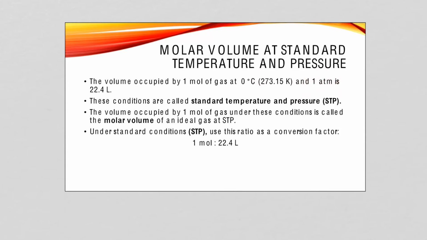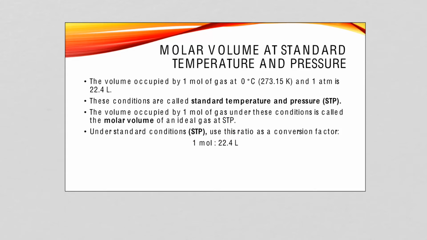This is what we call standard temperature and pressure, or STP conditions. And the volume occupied by 1 mole at STP is known as the standard molar volume, or just molar volume, and it's always going to be equal to 22.4 liters.